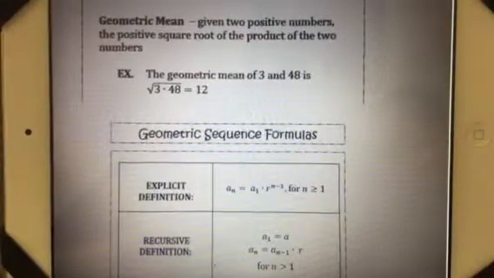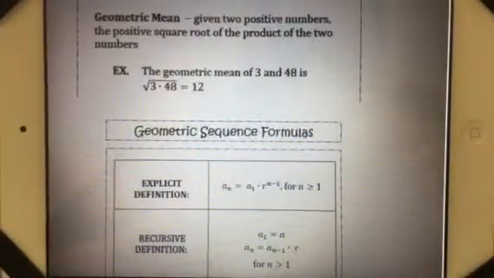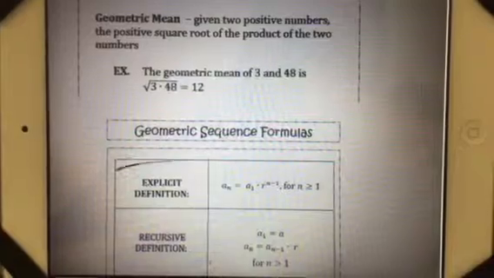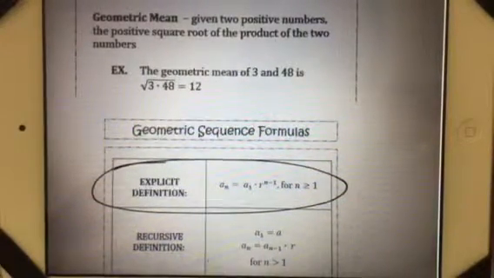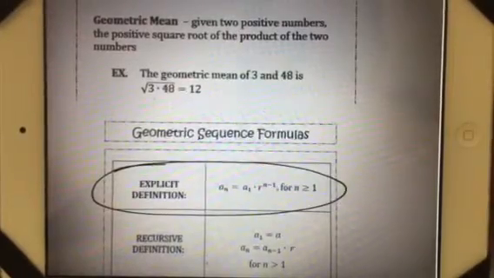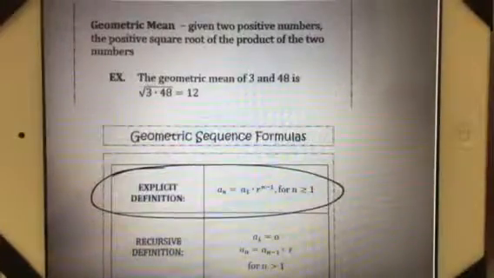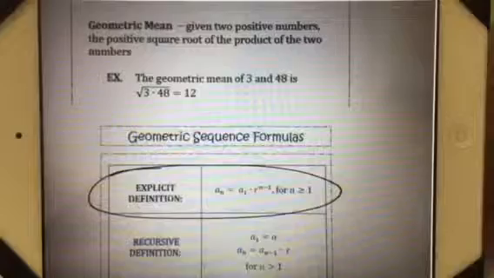I've also included the geometric sequence formulas. For the most part, we will be using the explicit definition, which will be taking the first term times the common ratio to the power of n minus 1.